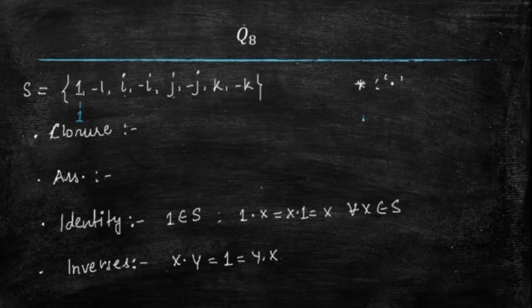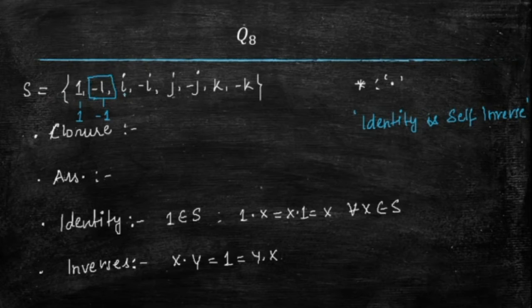Always remember that identity is self-inverse. This is true for every set with a binary operation which forms a group. If you have an identity, it is self-inverse. Now if you multiply minus 1 with minus 1, you will get plus 1, and hence the inverse of minus 1 is minus 1. So you have another self-inverse element in the set S, which is minus 1.